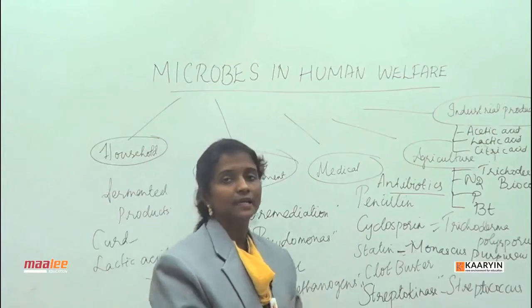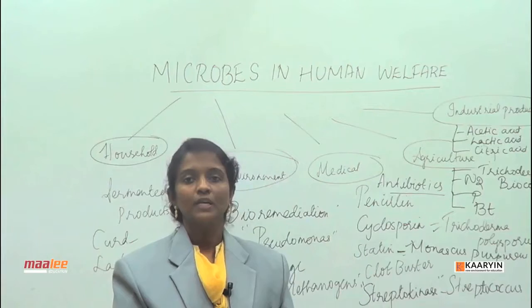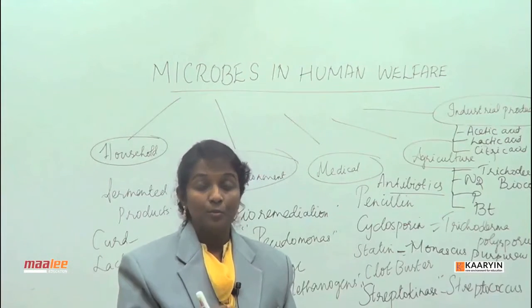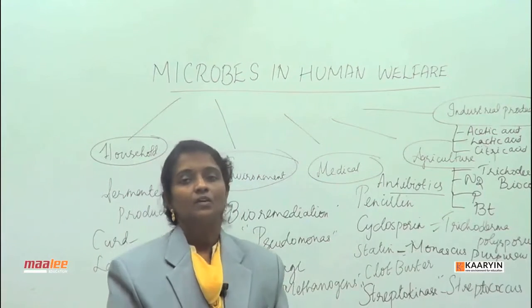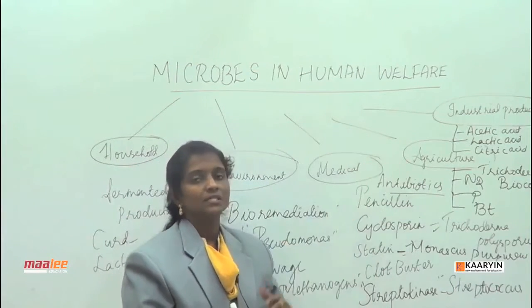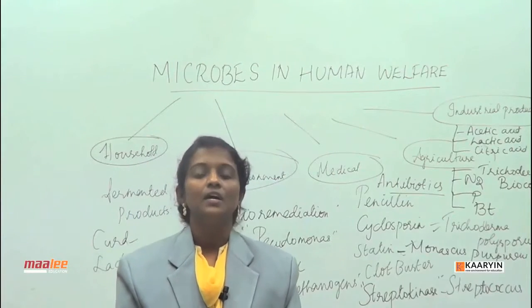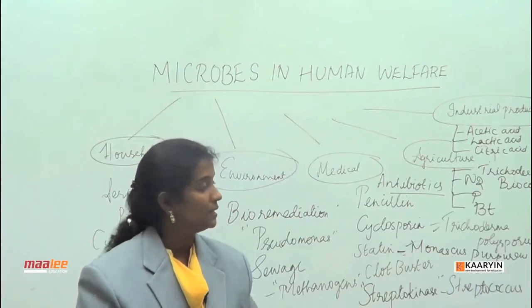Citric acid is produced from Aspergillus niger, and then we have propionic acid, and butyric acid from Clostridium butylicum. Likewise, we have myriad applications in the industrial fields, where microorganisms serve as the source in making these products.